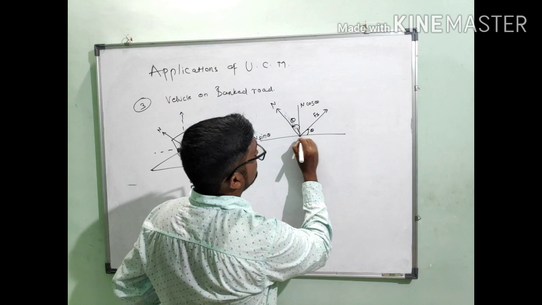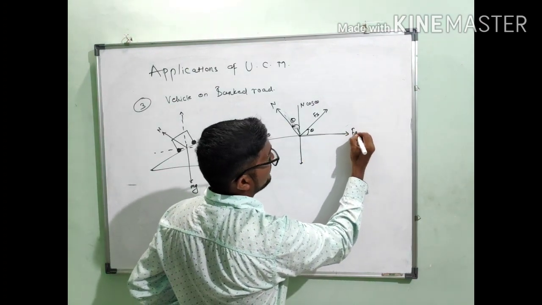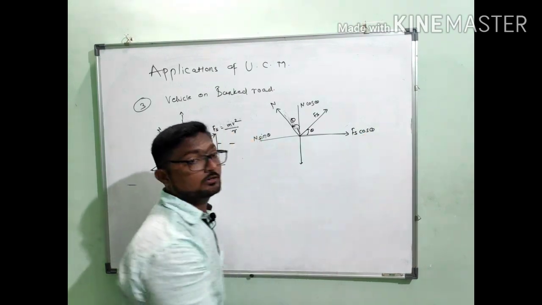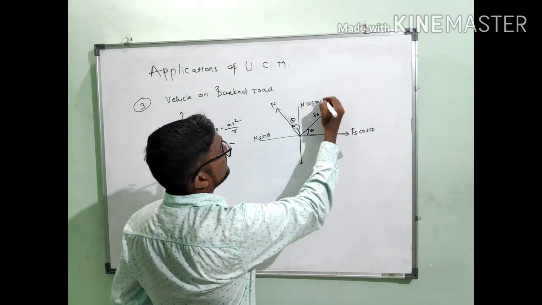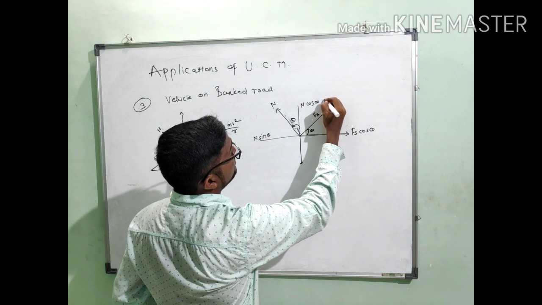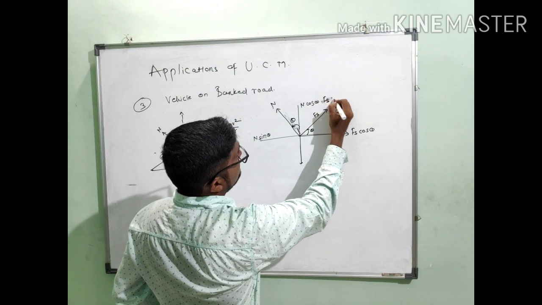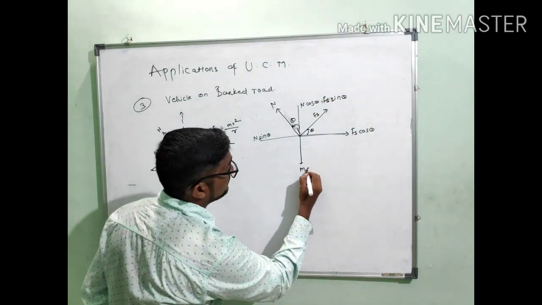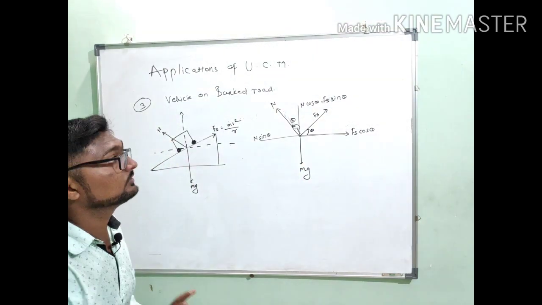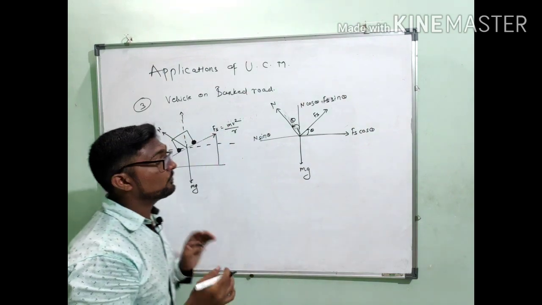So its cos component will be on the horizontal, that is Fs cos theta, and its sine component will be in the vertical direction, that is Fs sin theta. And here is mg. Just calculate these forces in x and y direction.